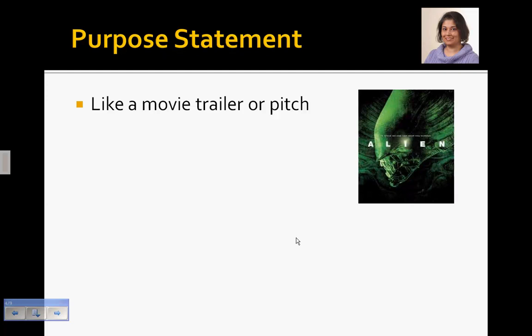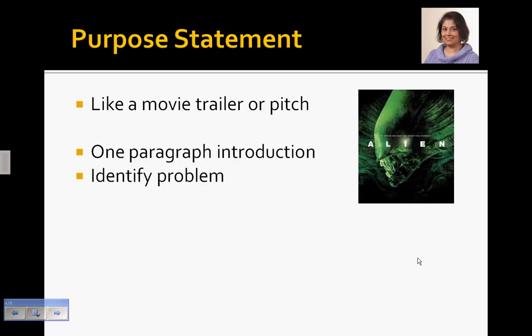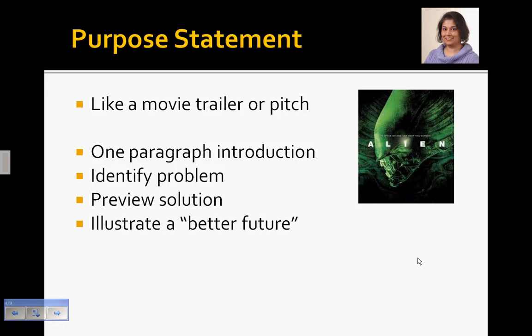Now, I don't know that any purpose statement for a business can be quite that concise or that visual, but you do want to keep it to a one-paragraph introduction. This is like a trailer. You're getting a taste of what's coming, but you want to read more. In it, you want to identify the problem, preview the solution, and illustrate a better future. Right?